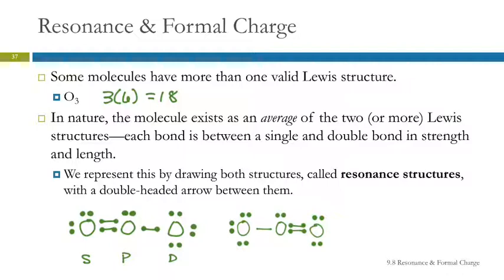In nature, ozone exists as an average of these 2 molecules. It's not that there's 2 different ones, or that the double bond moves back and forth. There's actually just one, but it's an average of these. Lewis theory doesn't handle this very well. So we can draw 2 different structures. They're called resonance structures. And to indicate that, we put a double-headed arrow between the structures. So those are the resonance structures of ozone.